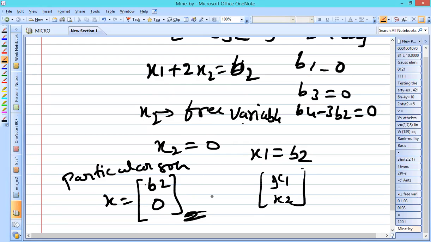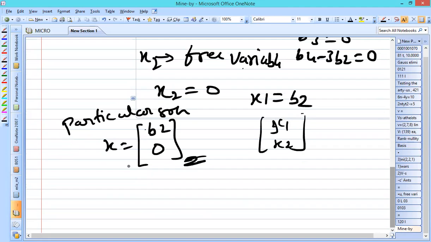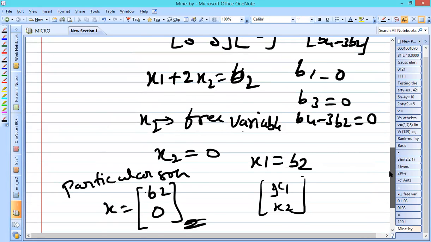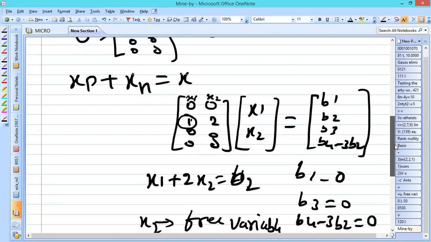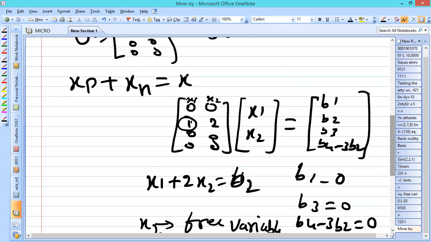So this is one solution. And similarly, we have to get the special solution. In order to get that, we have to equate all the values to 0. So for that we have the same equation, only the thing is all these right hand side elements will be made 0, 0, 0.